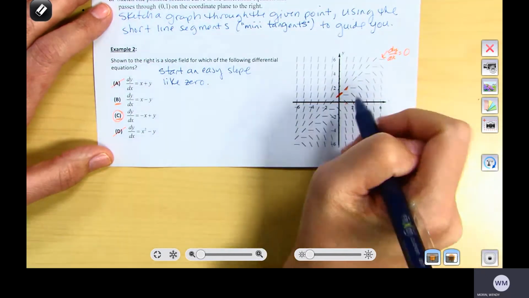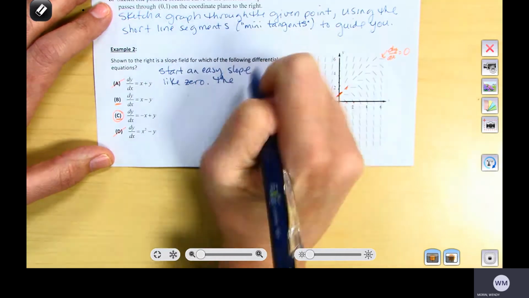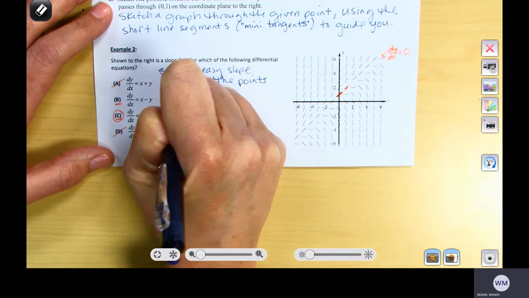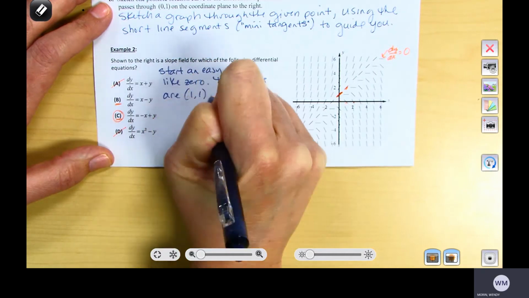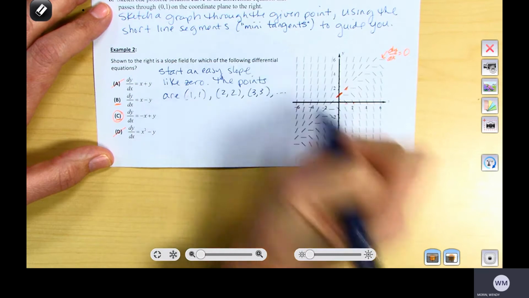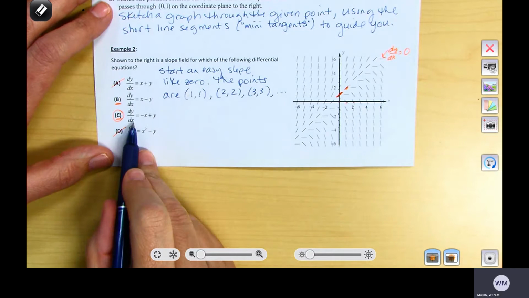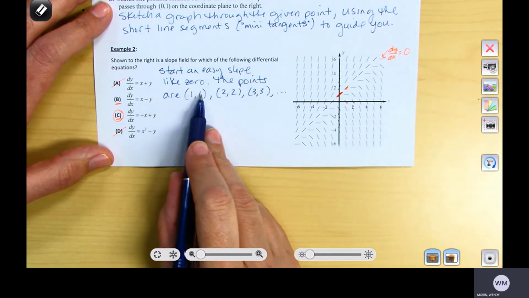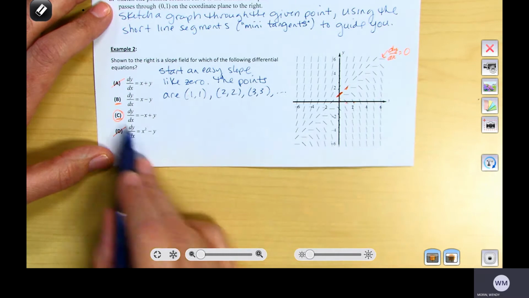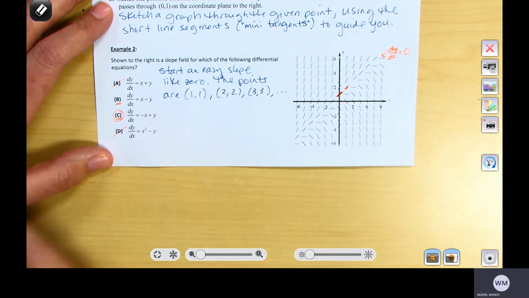On this graph, it looks like the points where the tangent line is equal to 0 are 1, 1, 2, 2, 3, 3, etc. So I can eliminate these. Again, I need to plug in an x and a y, and I'm going to get a first derivative equal to 0. That narrows it down from 4 choices down to 2 choices.